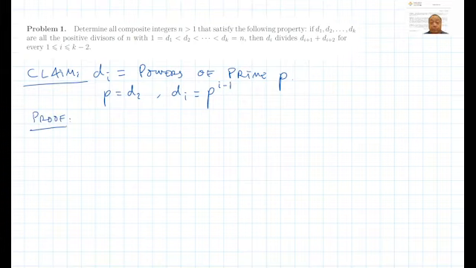Well, I must prove both ways, both if and only if. The easy one is the sufficient condition. If d_i is a power of a prime P, then it fits all of these conditions. That's kind of obvious, so clearly sufficient.